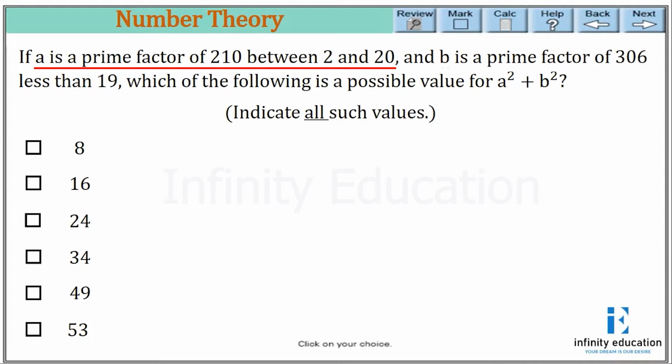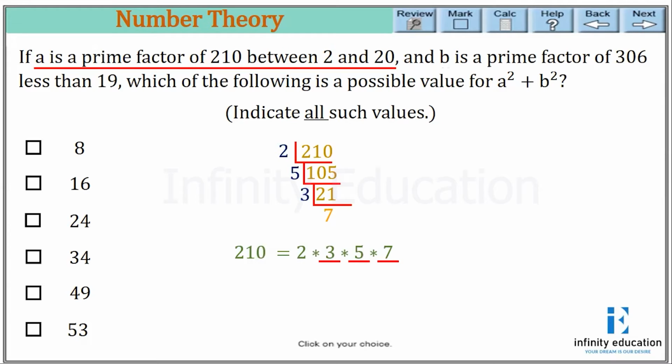First I have to see what prime factors of 210 are available. Again I will do it like the previous one. 210 divisible by 2 is 105, again divisible by 5, so 21, again divisible by 3, and it is 7. So I can write 210 equals 2 into 3 into 5 into 7.